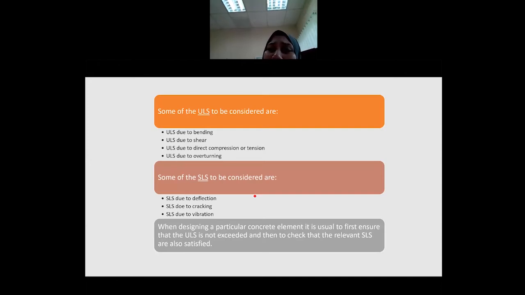For deflection, as you learned in part 2, it is just how large it is. Say there is 1 mm deflection, there is no excessive effect on your structure, so this is still safe.